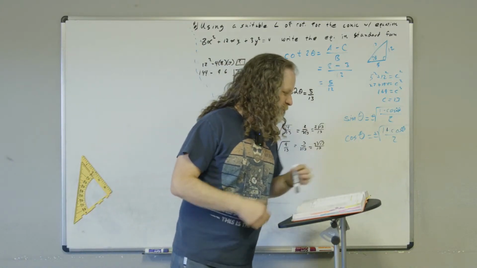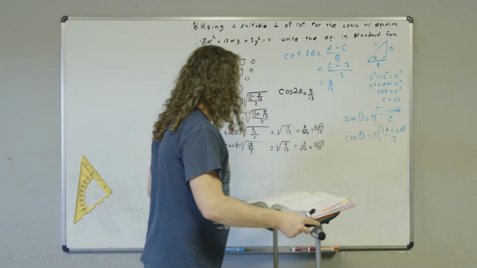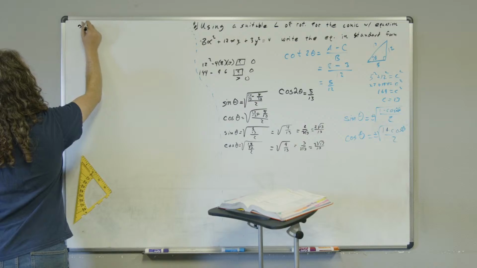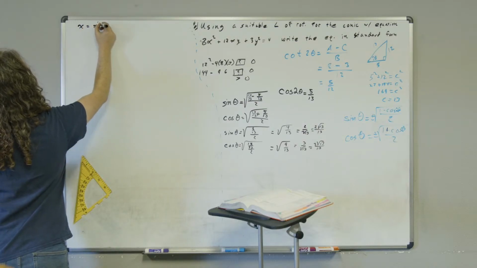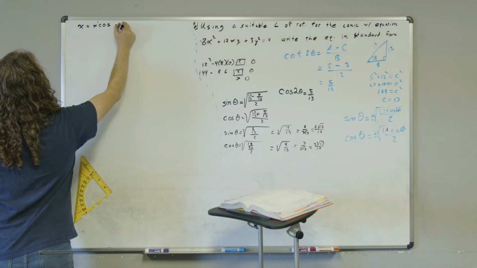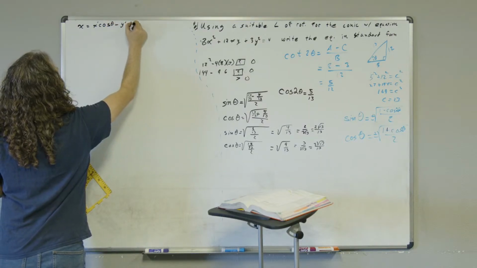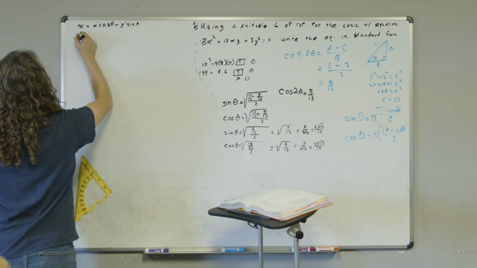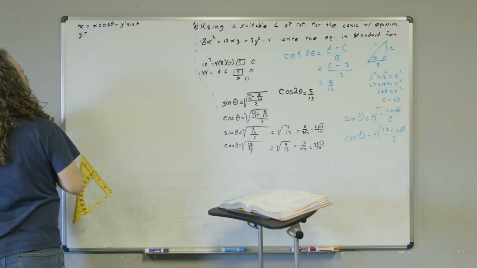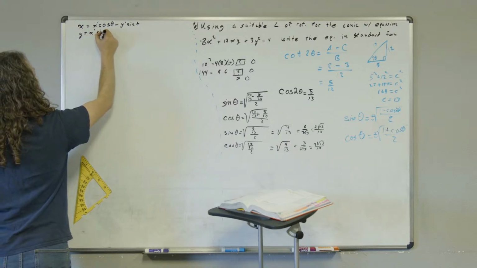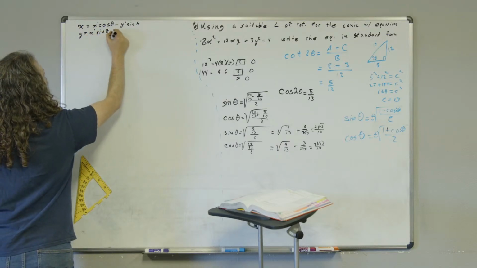What formula do we use for that? x equals x prime cosine theta minus y prime sine theta, and y equals x prime sine theta plus y prime cosine theta.